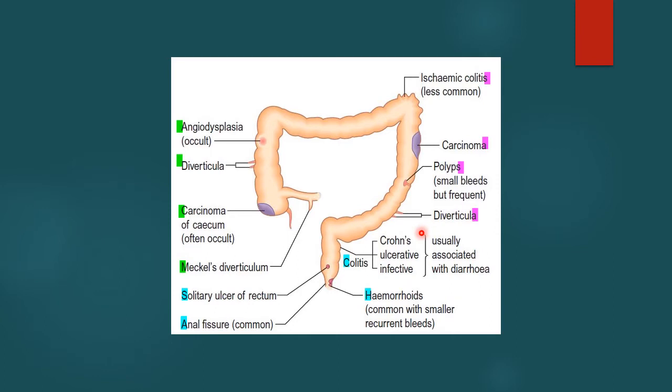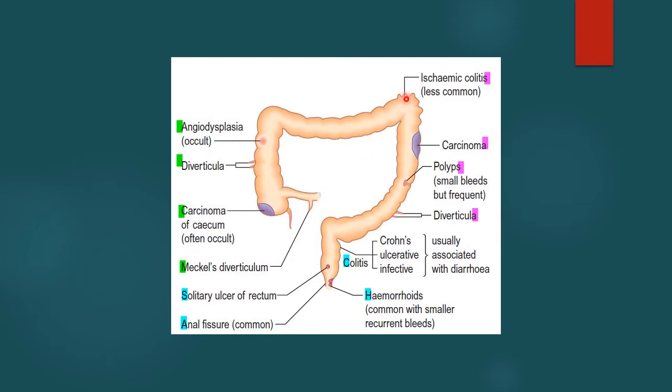Again, this is a diagrammatic representation of the sources of bleeding from the various parts of the GI tract. Those highlighted in green are from the small bowel and the right side of the colon, which include angiodysplasia, diverticula, carcinoma of the cecum, where the bleeding is often occult, and bleeding from Meckel's diverticulum.